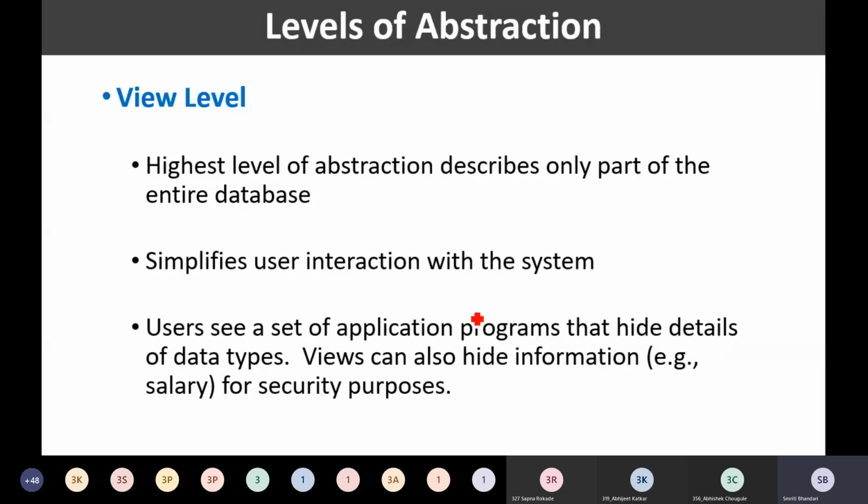So typically, whoever is the end user using the application program to access the data from the database, these end users typically make use of this view level data abstraction. They are provided with only a few application programs that hide all other details of the database, and provide only those views by hiding all other information from them.